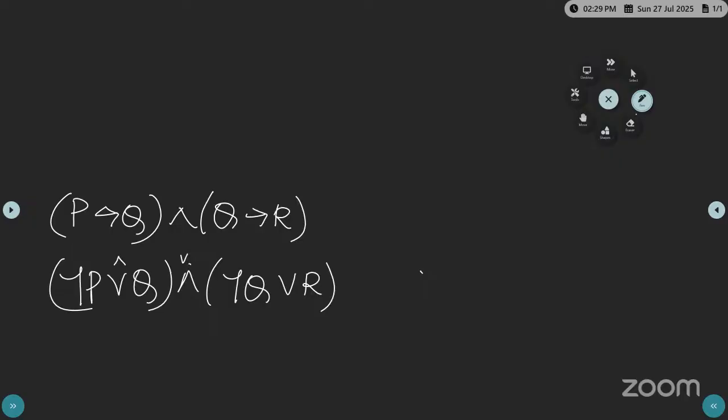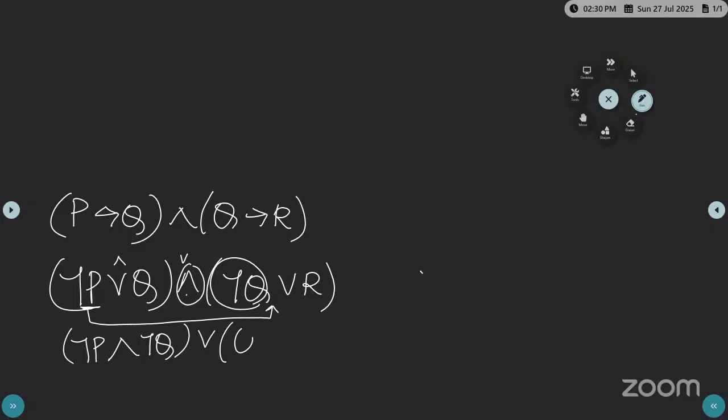See here, you are having and in between them. So I am going to distribute this variable with this complete set. Ela distribute chestar chudandi. Negation P, right? And negation Q, right? Or Q and negation Q, okay? Or Q and R. Chudandi, correct?